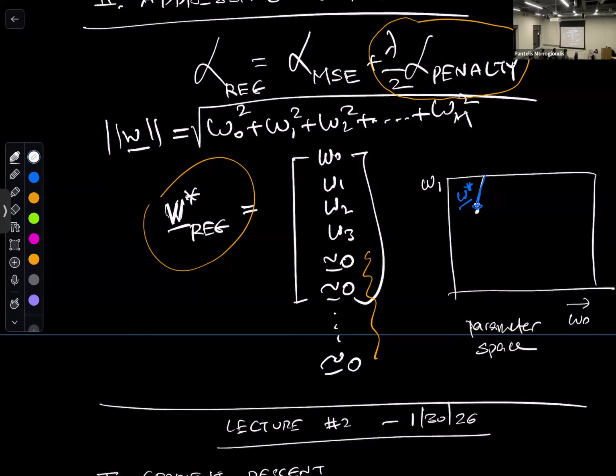But is it possible that some feature may have a very, very large value so that even if the weight is very small, we can have a huge impact on the output? Okay, so if we have too many features, as we have here, and one of these features was too important, the regularizer will not eliminate this feature.